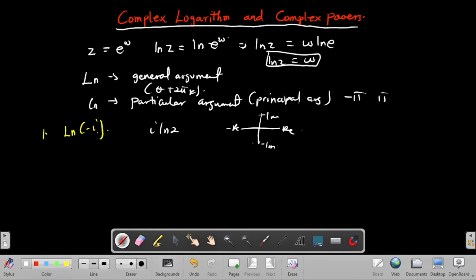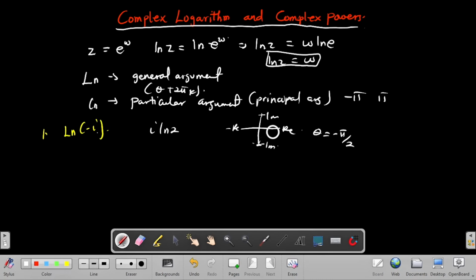Negative i will fall at the negative imaginary. So now, how do we solve this? Converting negative i into polar form, you can do that directly on your calculator. So realize that it is negative pi on 2. Our theta is simply equal to negative pi on 2.